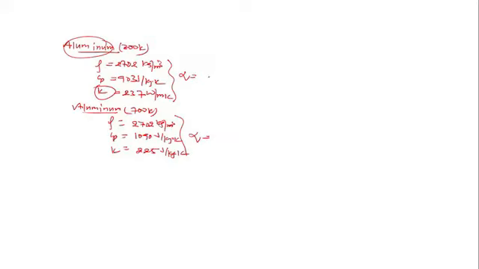If you solve this, it is found to be 97.1 into 10 power minus 6 meter square per second, and this is found to be 76 into 10 power minus 6 meter square per second. So obviously aluminium is more sensitive to any thermal disturbance at low temperature as compared to high temperature.